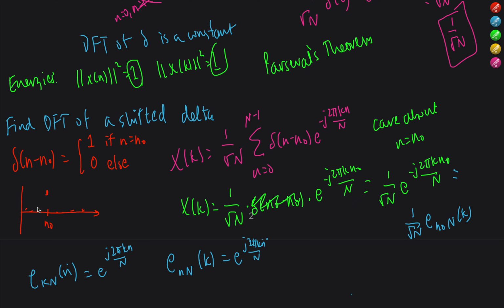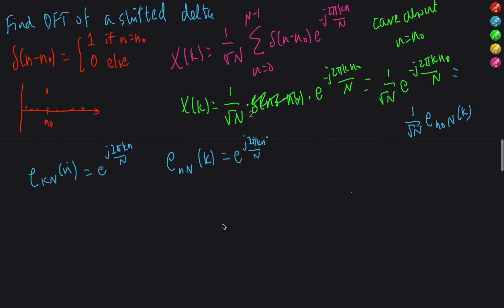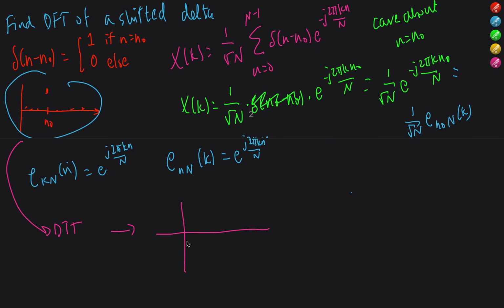What we figured out is that if you shift a delta over by n naught and find its DFT, I'm going to get a complex exponential with a given frequency n naught. Remember, a complex exponential technically has a real part and an imaginary part.